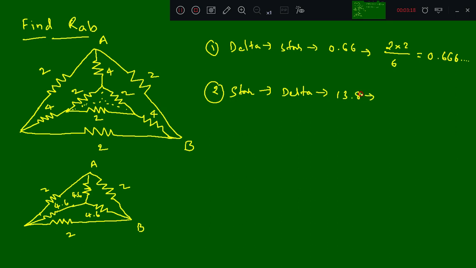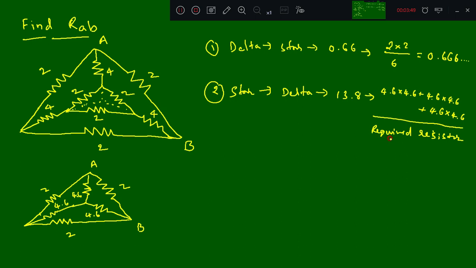This you know how to solve: 4.6 into 4.6 plus 4.6 into 4.6 plus 4.6 into 4.6, then divided by the required resistor.